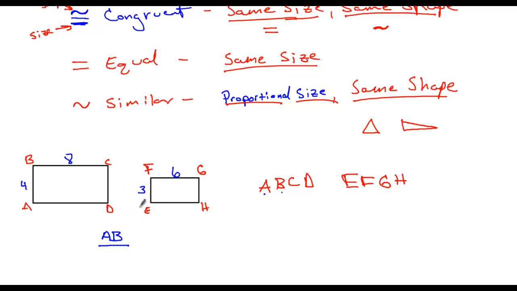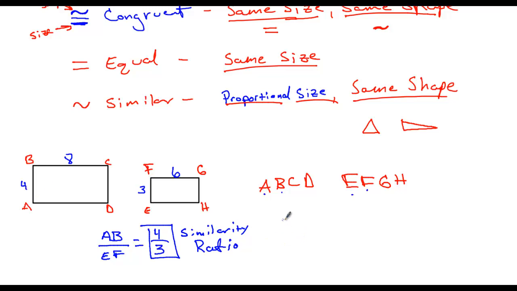Well, we compare them by division. So AB matches up to EF. Well, A to B, the distance there is 4, and EF, the distance there is 3. And I can't simplify that anymore, so this is called a similarity ratio. It exists between this side and this side.